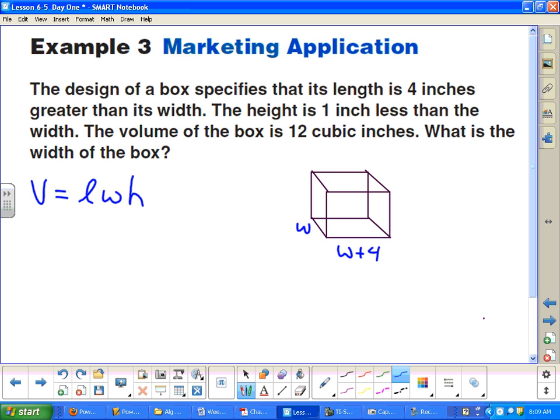And it says the height is 1 inch less than the width, so that would be W minus 1. To find volume, we multiply length times width times height. They tell us in this case that the volume is 12, and so that's equal to W times W plus 4 times W minus 1.